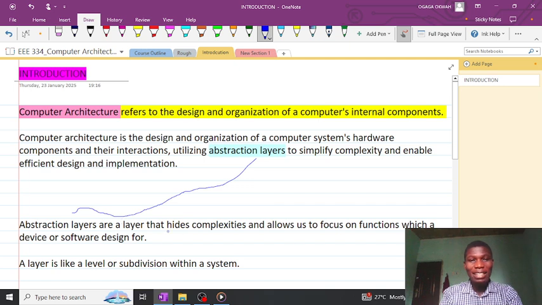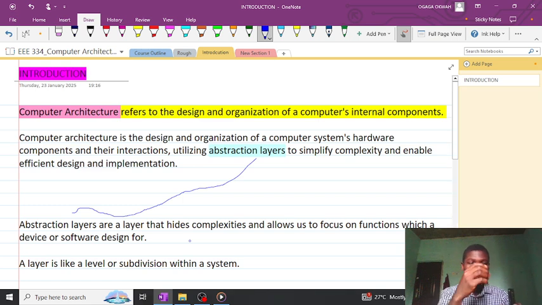An abstraction layer is a layer that hides complexities and allows us to focus on the functions which a device or software is designed for. Just like the example with my mobile phone. When I push this button and touch the screen and operate my phone, what happens inside the phone to ensure that it responds to my touch and the button?